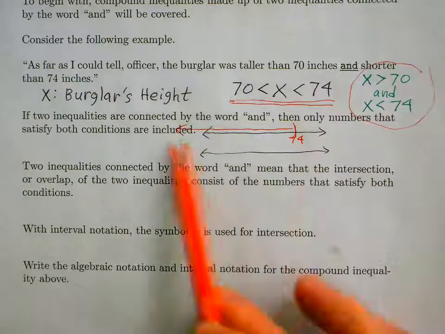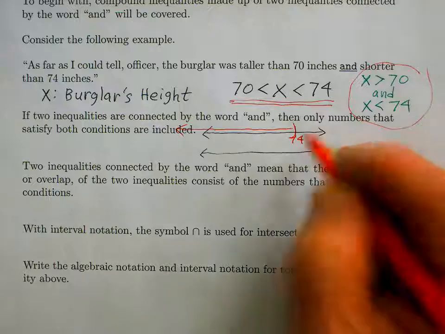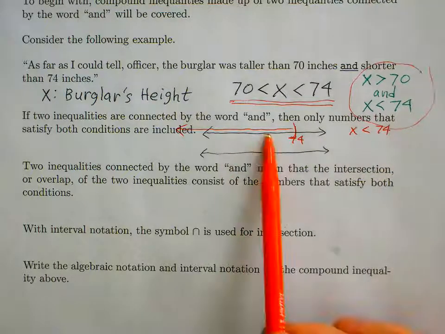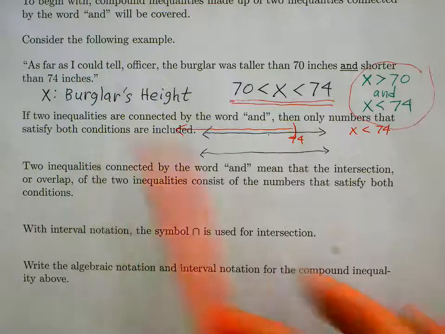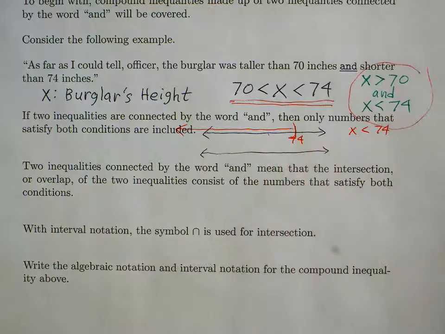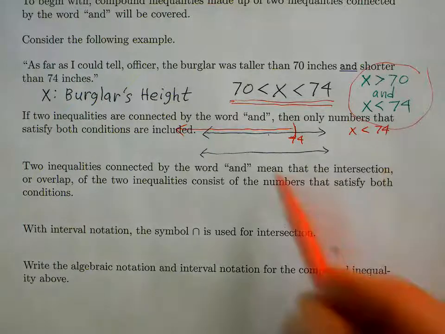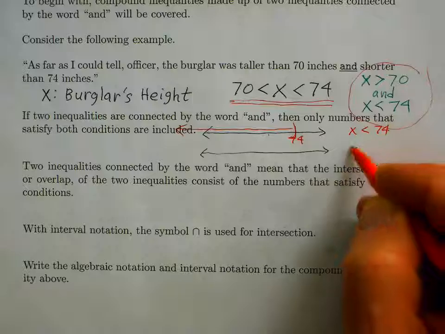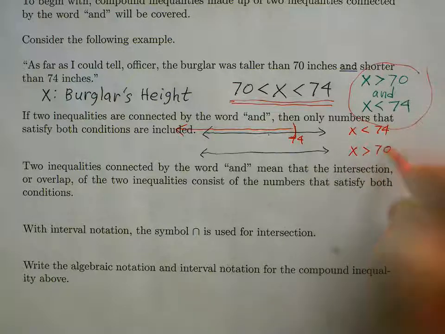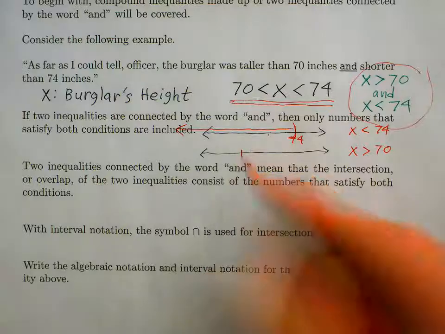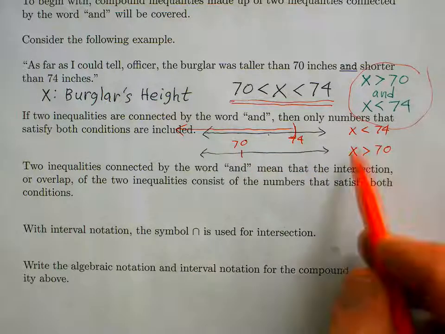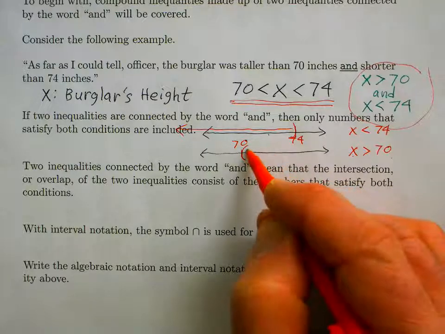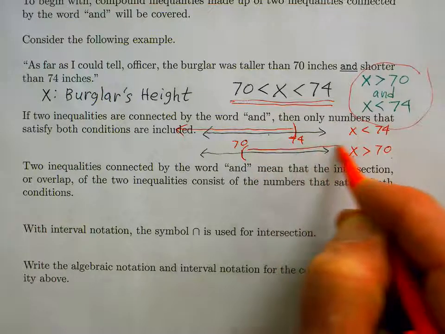We saw last week, if we're just looking at x less than 74 by itself, then it goes from negative infinity up to 74. Then on the other one, 70 is less than x, which is equivalent to x is greater than 70. So if 70 is down here, and x is greater than 70, then it goes to the right, to positive infinity.